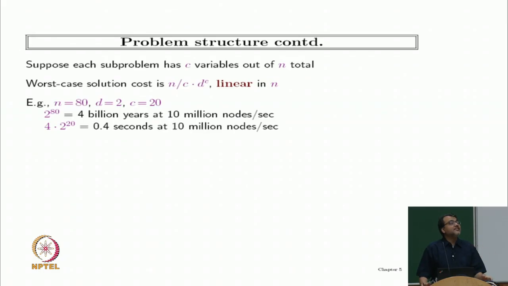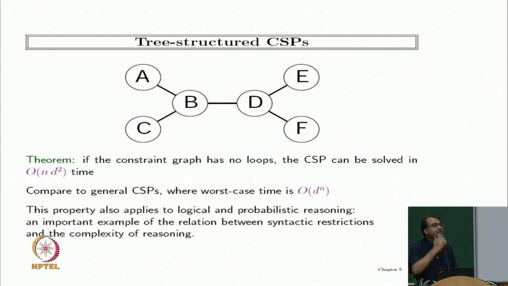And one such kind of problem structure is a tree structure. So now theoreticians have been doing this for their living, right? They say that if you give me a general graph, this is the time complexity, but if you give me a planar graph, that will be the time complexity, and if you give me a tree, that will be the time complexity. So let's be theoreticians for a few minutes, and let us say our constraint graph is a tree. For example, this kind of a tree.